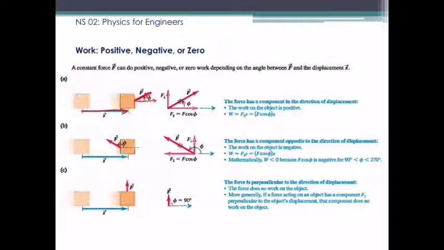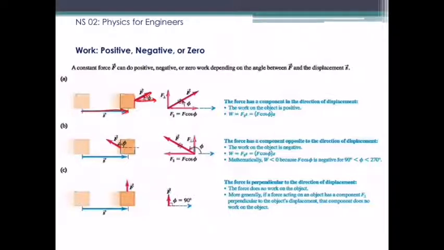So in this case, our work here is positive. The work done on the object by force F is positive since the component of the force is in the same direction as the direction of our displacement. As you can see, they are both to the right. Letter B.